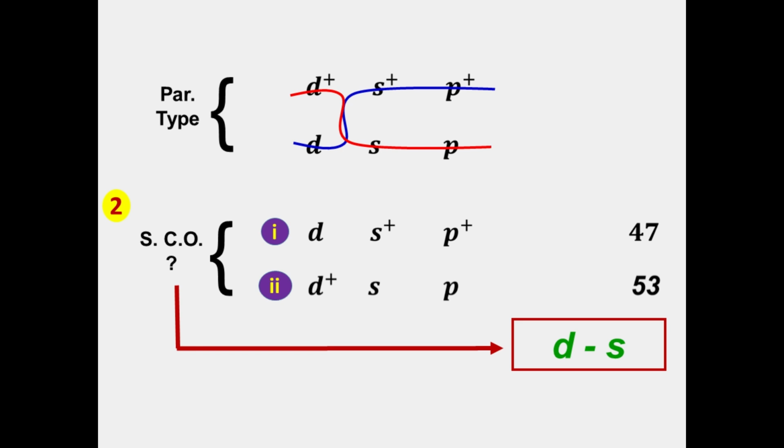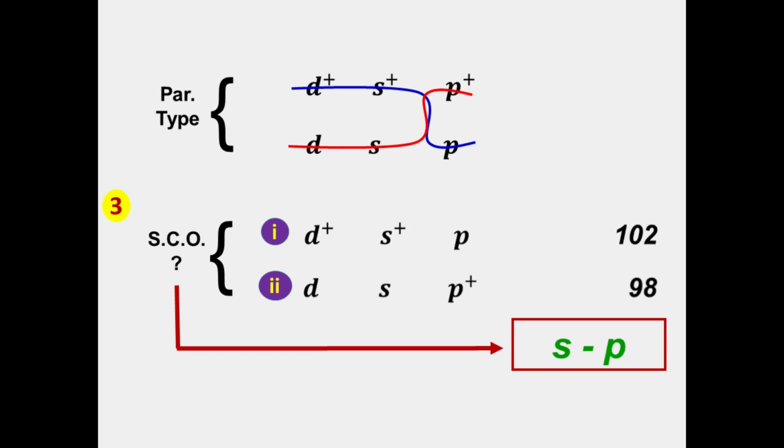By tracing the path of a chosen offspring chromosome in group 2, where chromosome I is the blue and chromosome II is the red path, we observe that a crossover occurred between genes D and S. This confirms that group 2 corresponds to single crossovers between genes D and S.